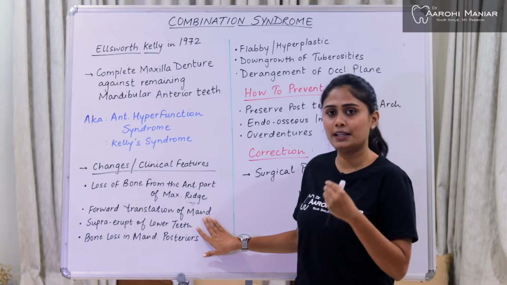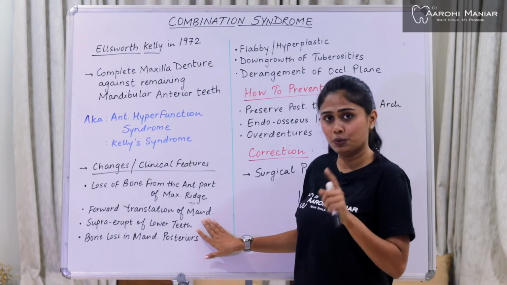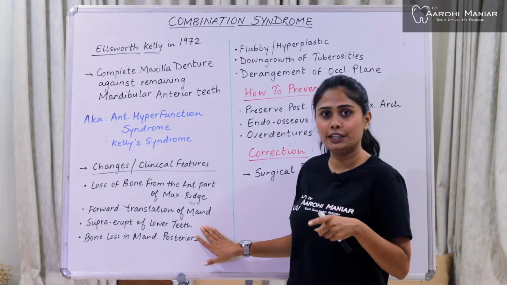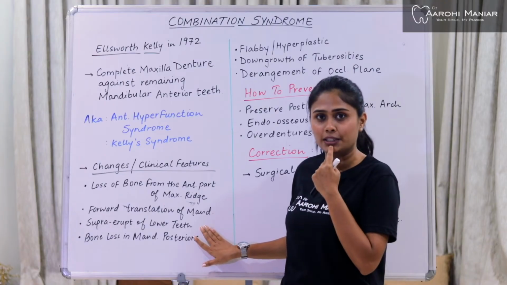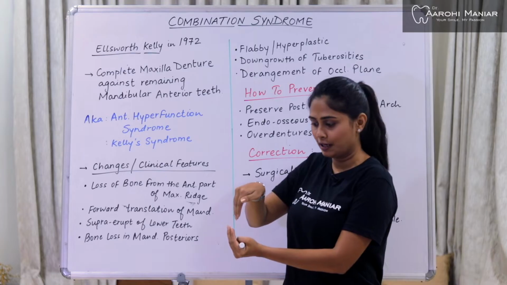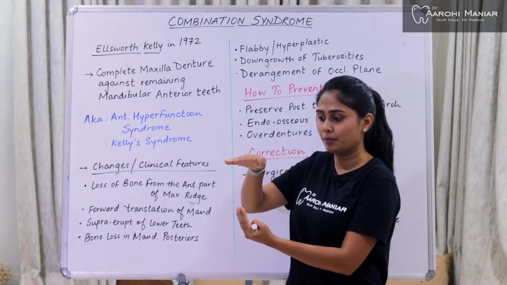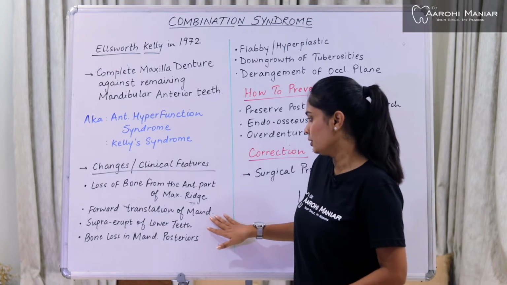So the forward translation of the mandible would happen, and this will also lead to supra eruption of the mandibular teeth. As there is no stop, the mandible will move anterior and forward. As it moves forward, the teeth will also start to supra erupt because they don't have a stop. So these are the 2 points.